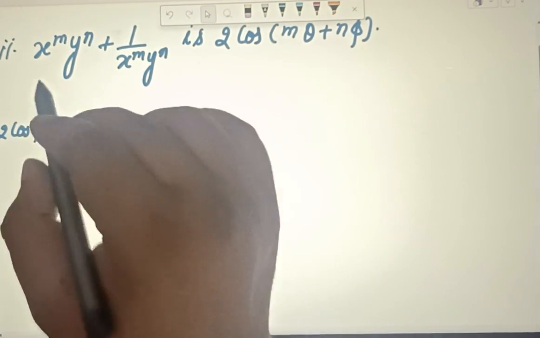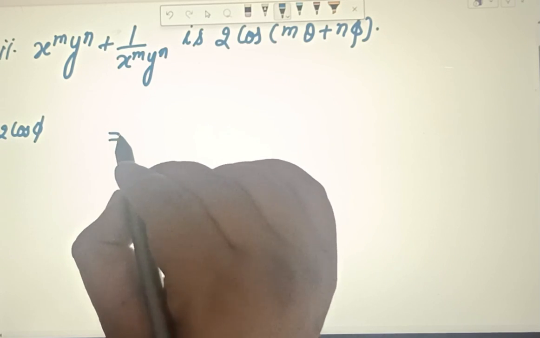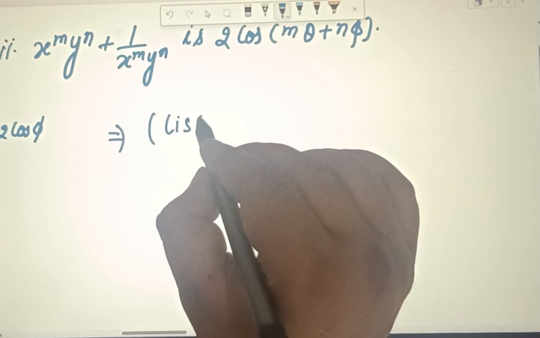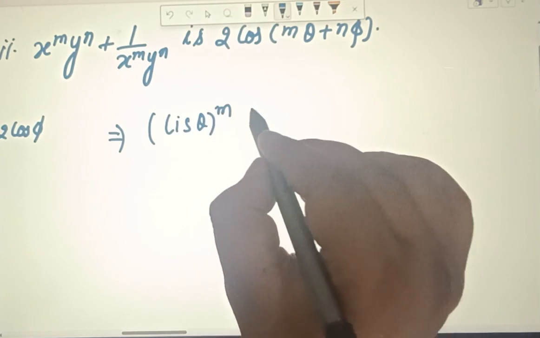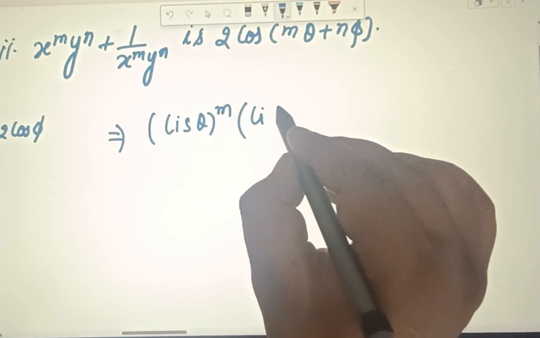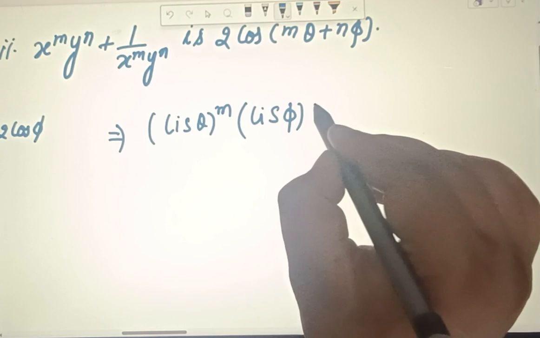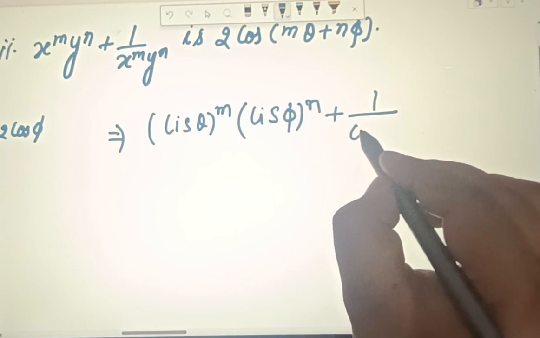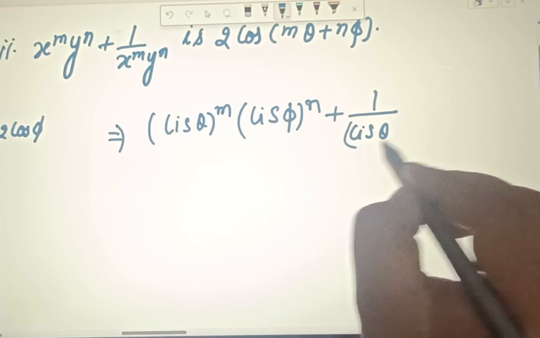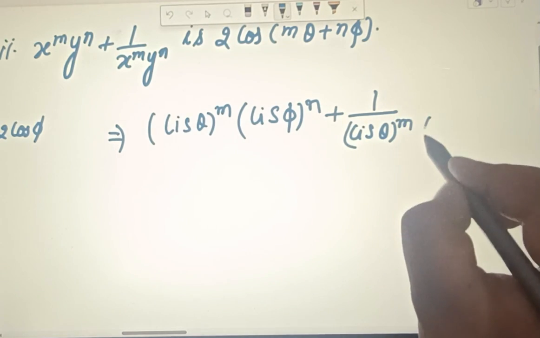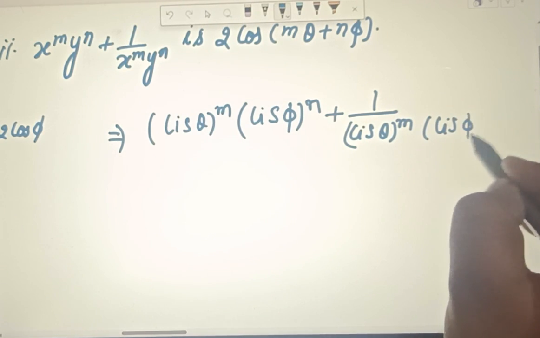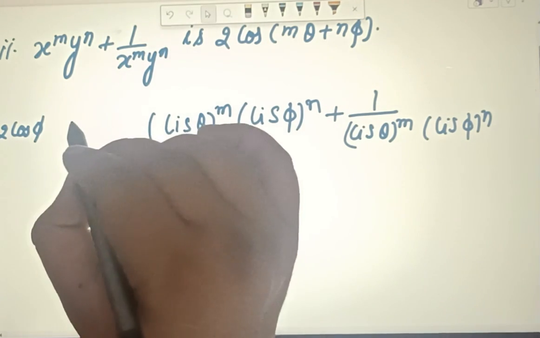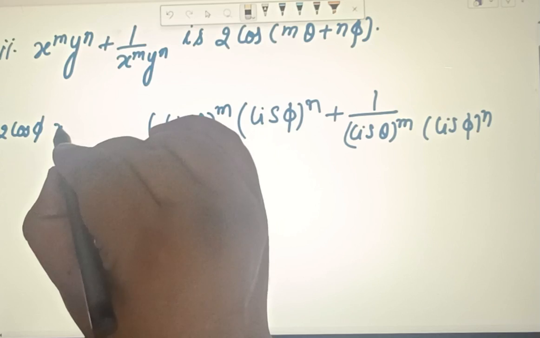Now you have the value of x as (cis theta)^m and (cis phi)^n, and then plus 1 upon (cis theta)^m and (cis phi)^n. These are very basic questions.